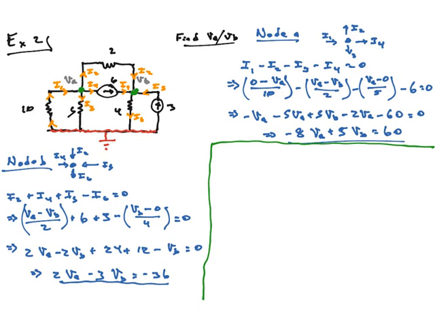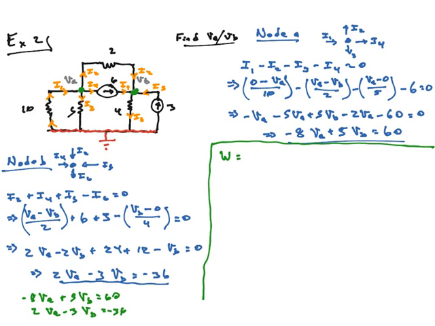First thing I want to do is I'm going to rewrite the equations on top of each other so I can see them clearly. We have minus 8VA plus 5VB is equal to 60, and 2VA minus 3VB equals minus 36. So I want to make my three matrices.